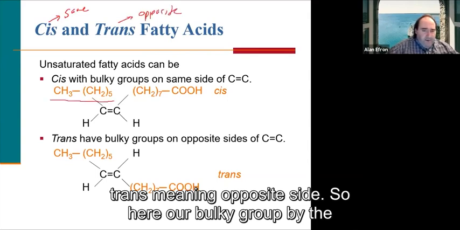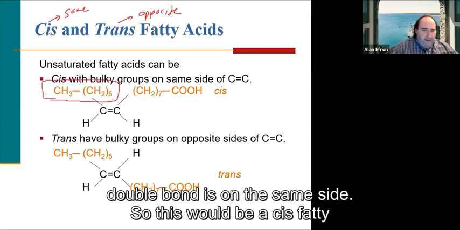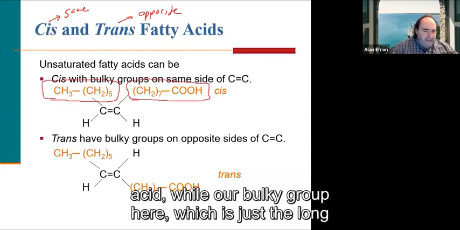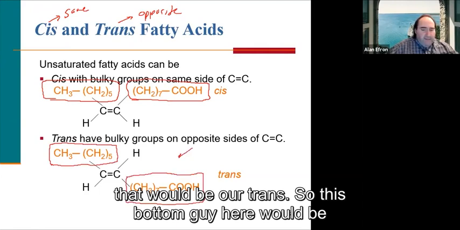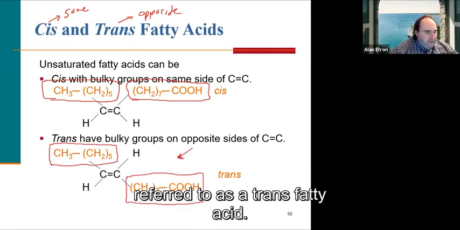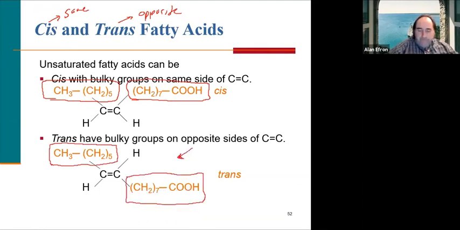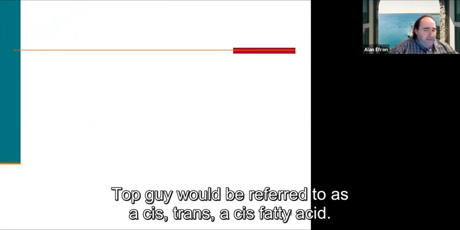So here our bulky group by the double bond is on the same side, so this would be a cis fatty acid, while our bulky groups here, which are just the long carbon groups, are on opposite sides of the double bond, and that would be our trans. So this bottom one would be referred to as a trans fatty acid. The top one would be referred to as a cis fatty acid.